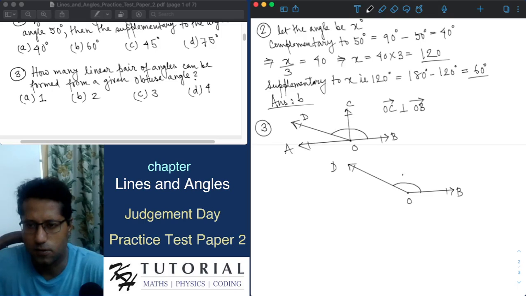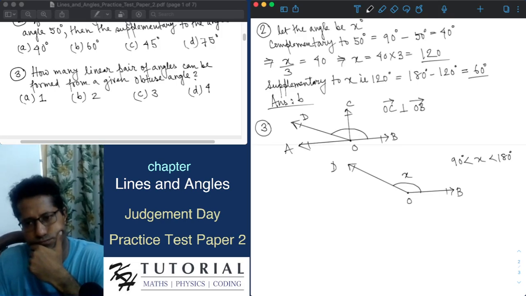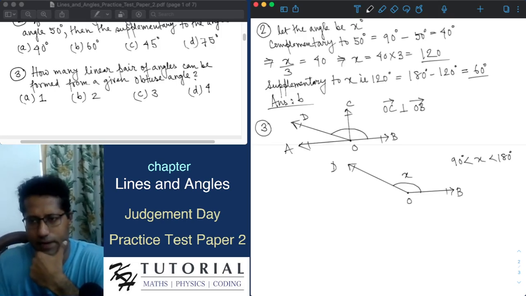Let's say this is x. So we know that x is greater than 90 but less than 180 degrees. Now x can be anything, any value between 90 and 180. So this is an obtuse angle.